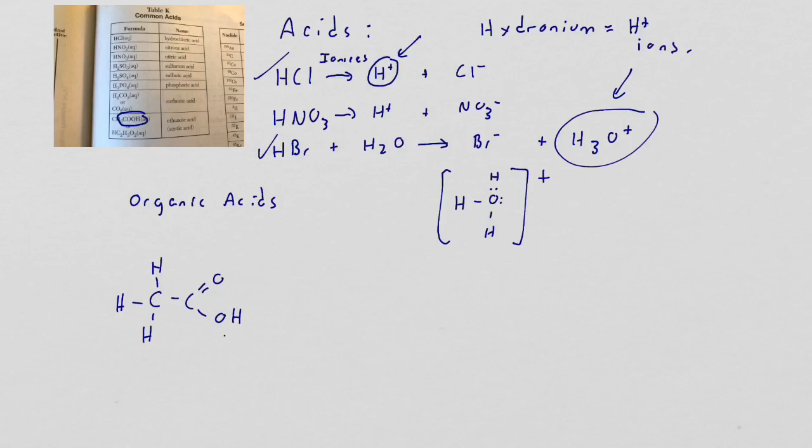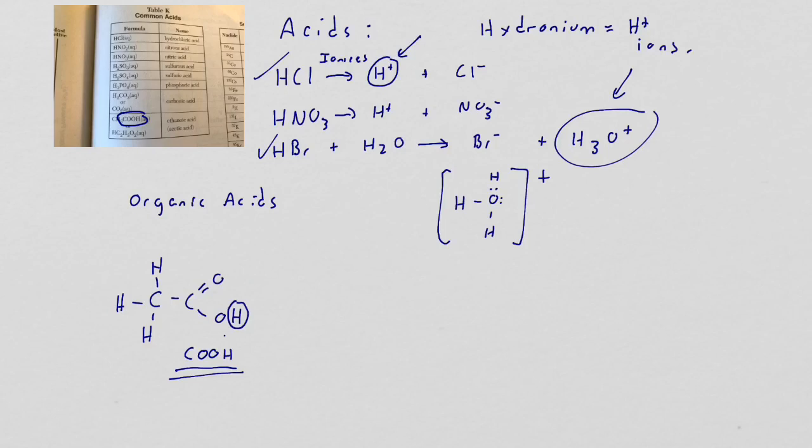Most of the time, acids contain either nonmetals like chlorine, fluorine, and bromine, like the binary acids, or they have hydrogens attached to oxygens in the polyatomic ion. This hydrogen right here is ionizable. And this thing is usually written as a COOH, and you have to just remember it and recognize it. If you see this structure in a molecule, it's what they call an organic acid.